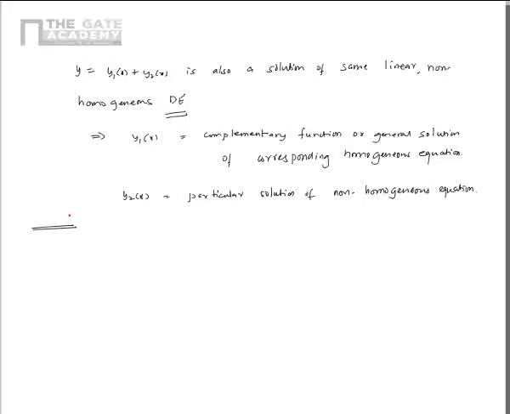Just to begin and understand how the solution looks, let's start with the second order homogeneous equation, and once we get to know how the solution for the second order linear homogeneous equation looks, then we can extend it to higher order.